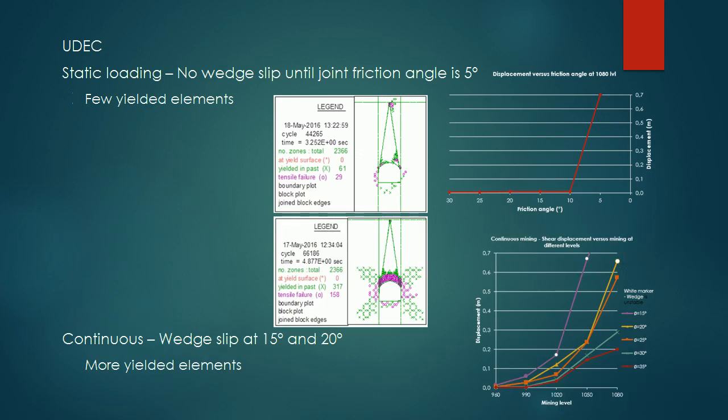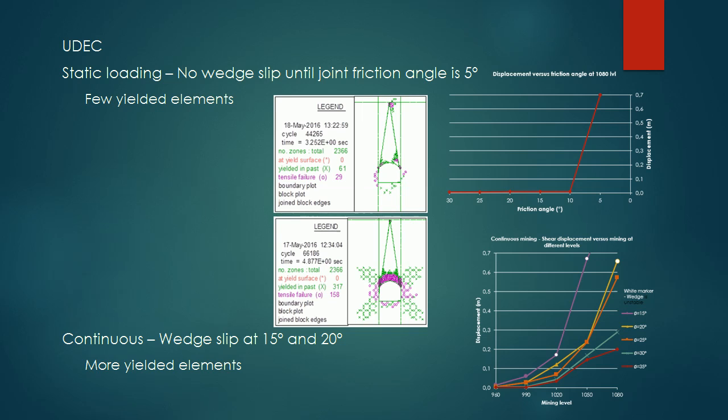The result from UDEC and the static loading model showed that no wedge slip occurred until the joint friction angle had been reduced to 5 degrees. This happened when mining on the 1080 meter level. For the continuous model, wedge slip occurred before that.